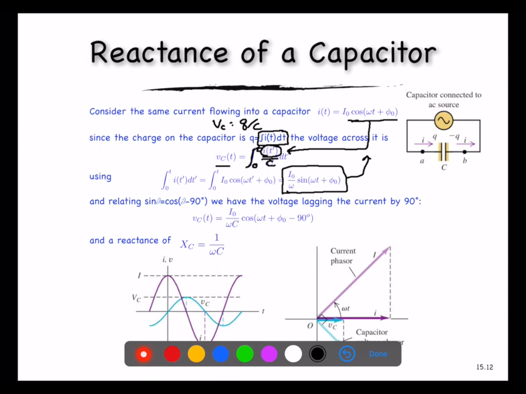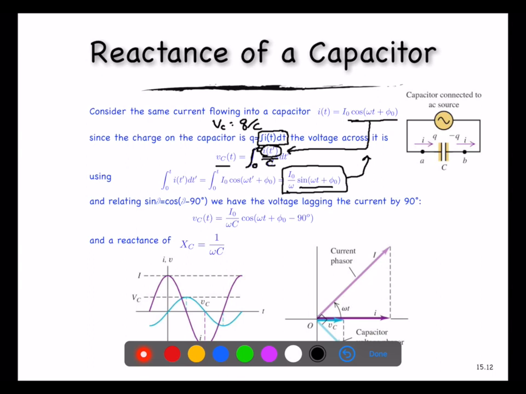But this expression then becomes the voltage on a capacitor when I have this AC current that I've defined. So again, this voltage is a sine wave where the current was a cosine wave.